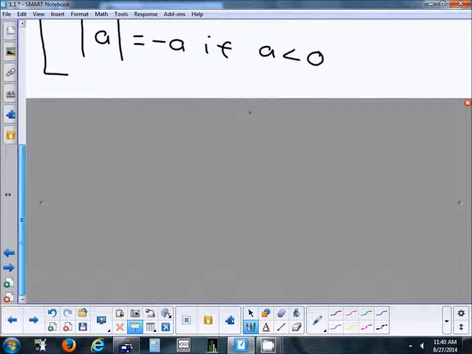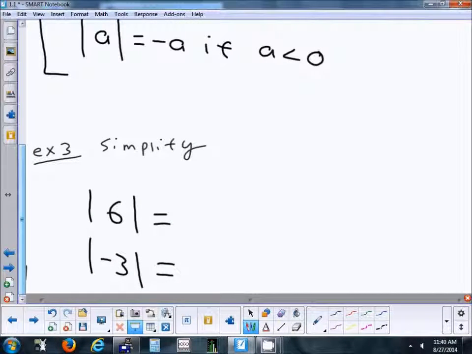Okay. So I'll look at a couple simple examples. Absolute value of 6. Okay, go ahead, Darren. What would the absolute value of 6 be? Yeah, stays the same. So now, the second one falls into this rule right here. We have a number less than 0.